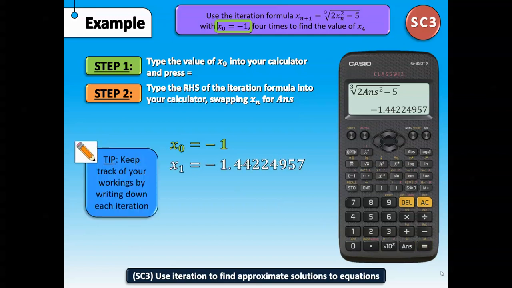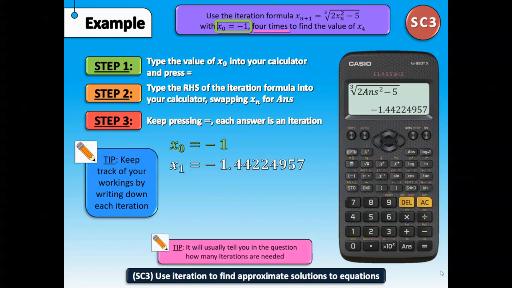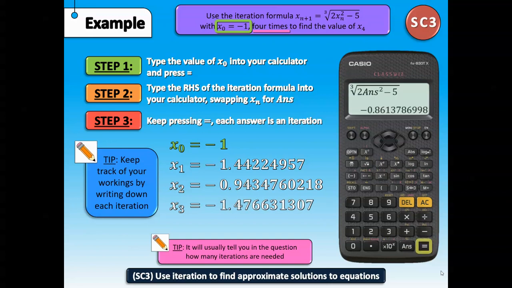Now this is the value of x_1. If we press equals again, then we get the value of x_2. If we press equals again, we get the value of x_3. And if we press equals again, we get the value of x_4. So that's our final answer.